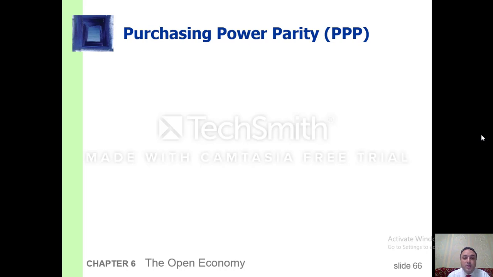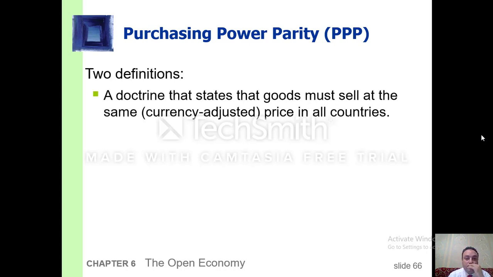What about the purchasing power parity? How can we define the purchasing power parity? It is a doctrine, a principle, that states that goods must sell at the same price in all countries, after adjusting for the currency.